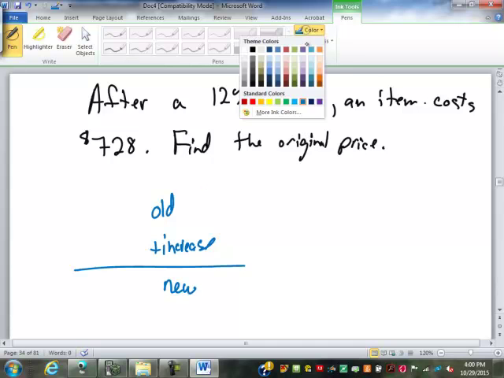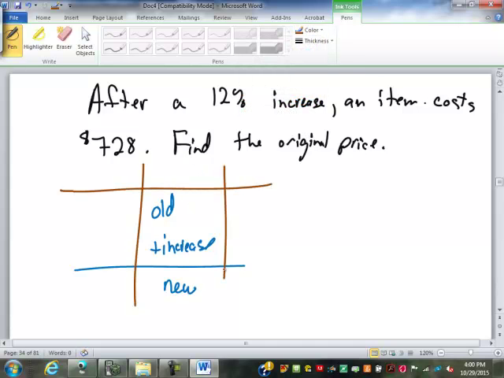The 100% is the old price, not the new price. The 728 is the new price. So we can't find 12% of 728 and subtract it. What we can do, though, is realize, okay, the old price is 100%. The increase is 12%, which makes the new price 100 plus 12, or 112%.